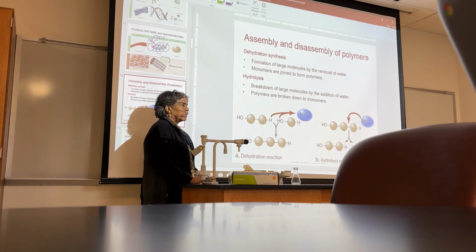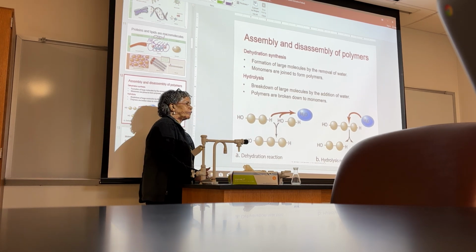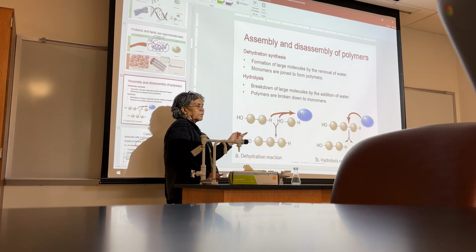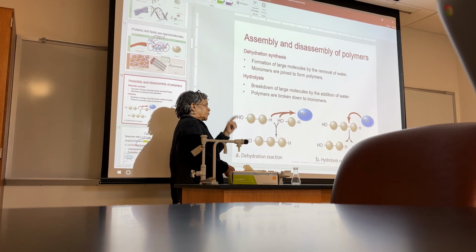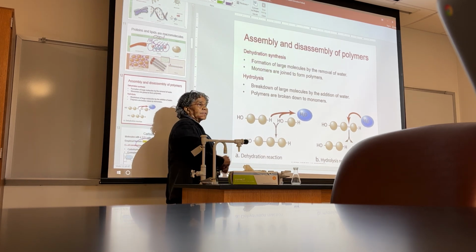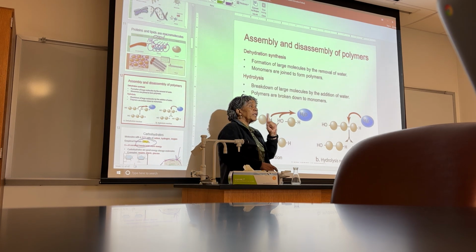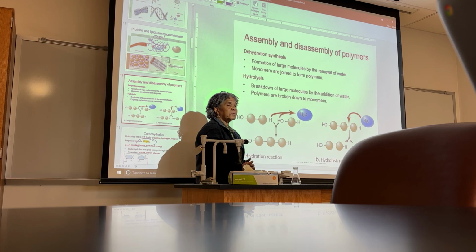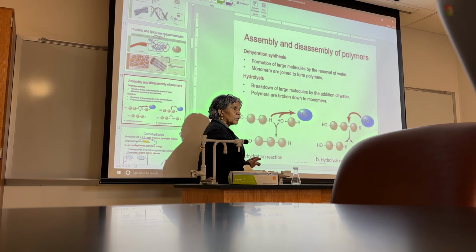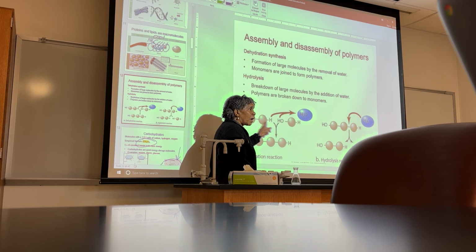It's the same. So I told you in class, for a test, depending on who's studying where, I'll put dehydration/condensation. So that will be an option, and you will have to tell me what the method is in order to build these large molecules.